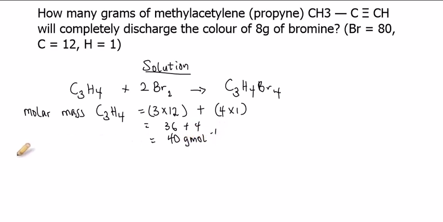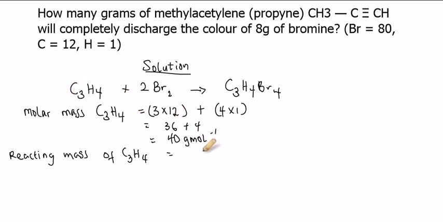So to calculate the reacting mass, we'll apply the formula for mass, which is number of moles times molar mass. So for the reacting mass of propyne, the number of moles based on the equation, we have 1 as a coefficient.